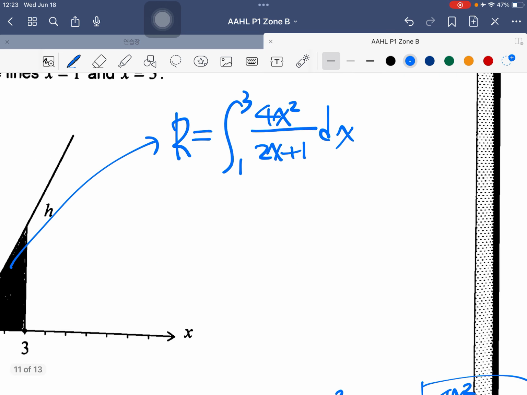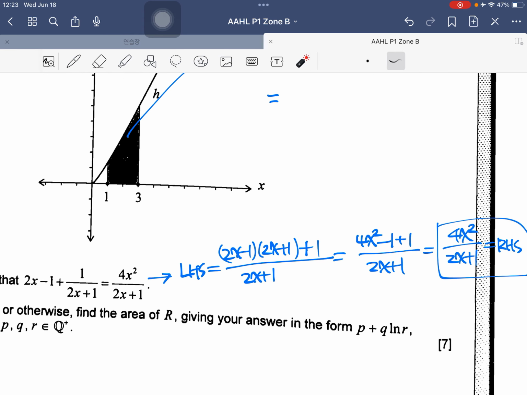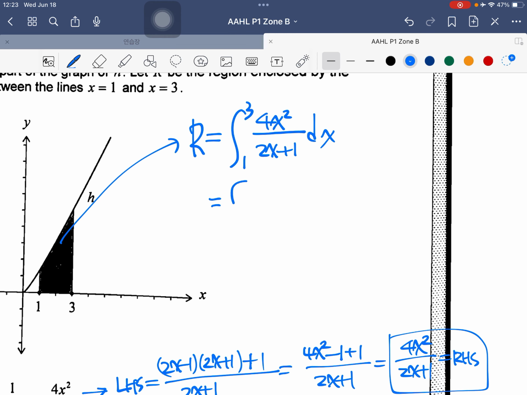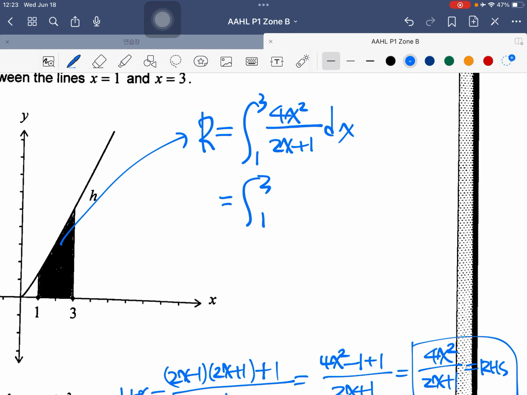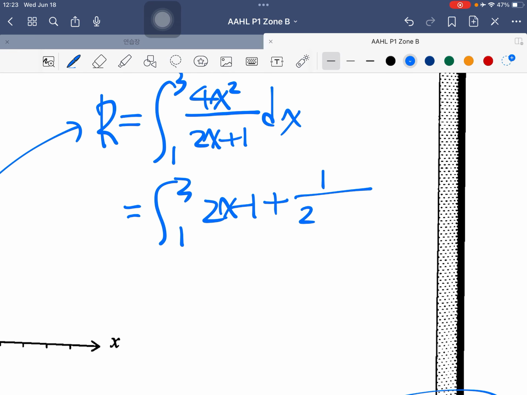Because in the question we already showed that this expression is exactly the same as this expression, this can be written as the integral from 1 to 3 of 2x minus 1 plus 1 over 2x plus 1 dx.